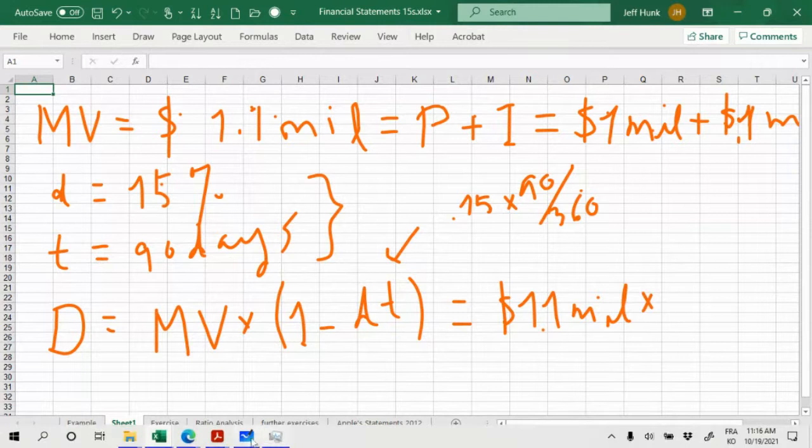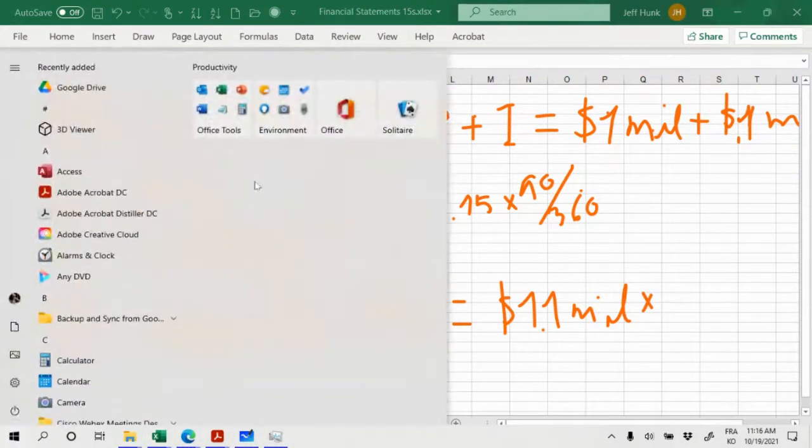So we can simply use the calculator to do this.